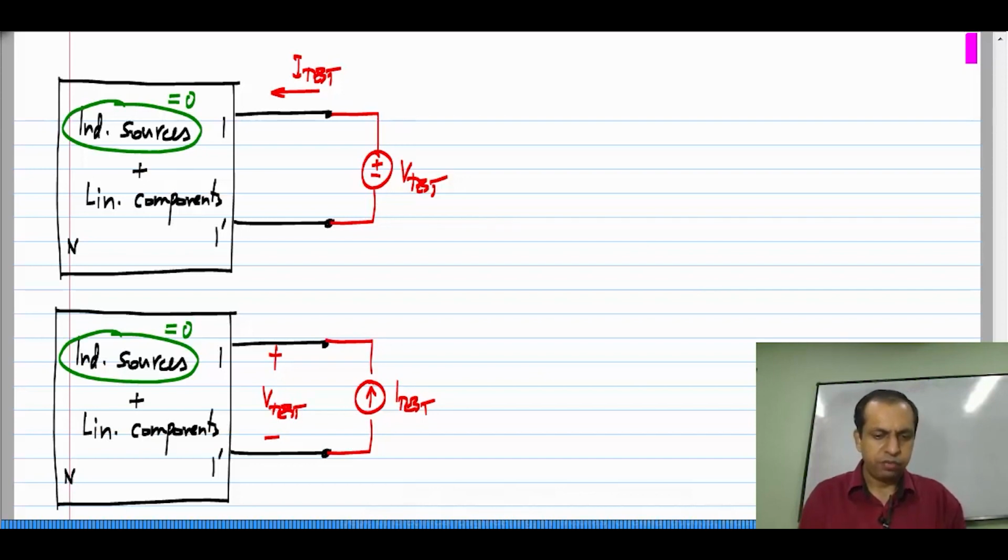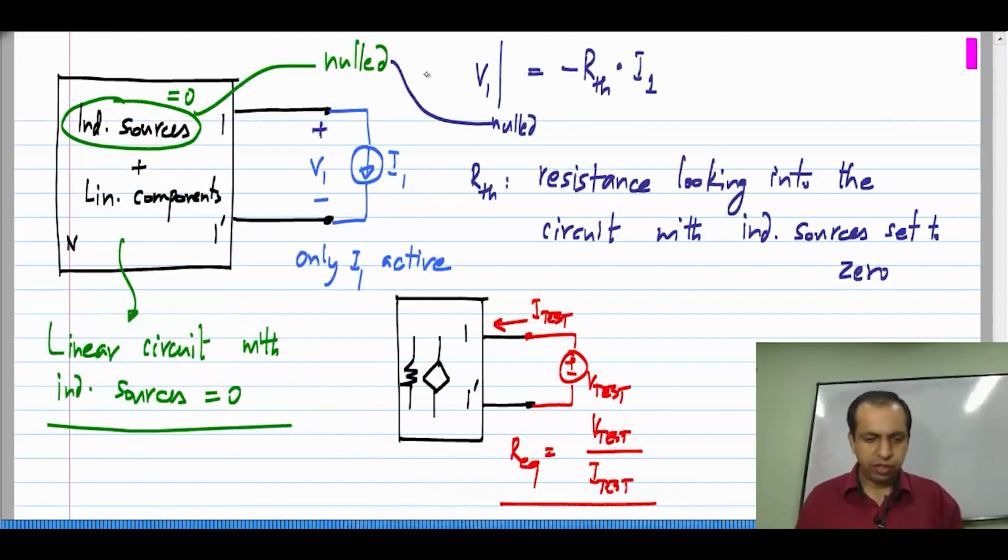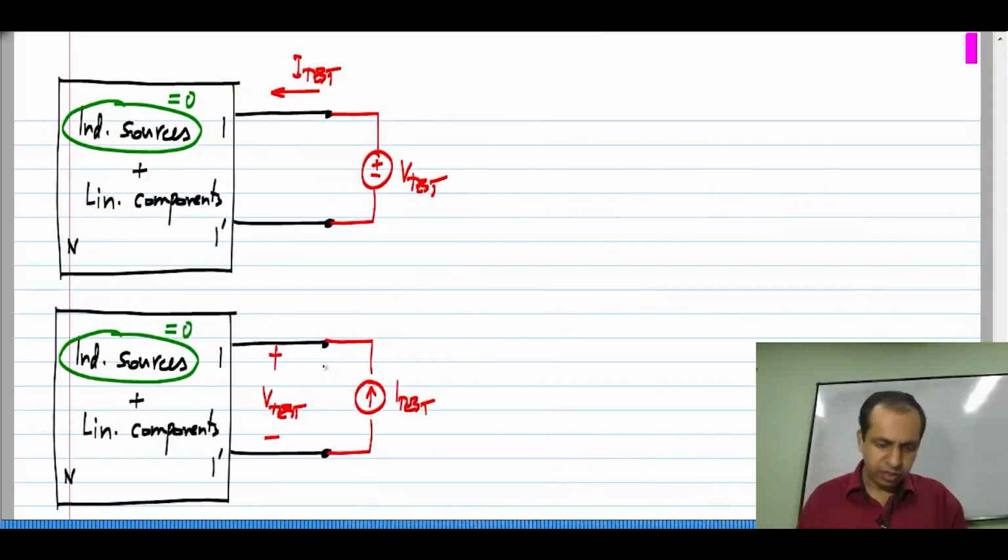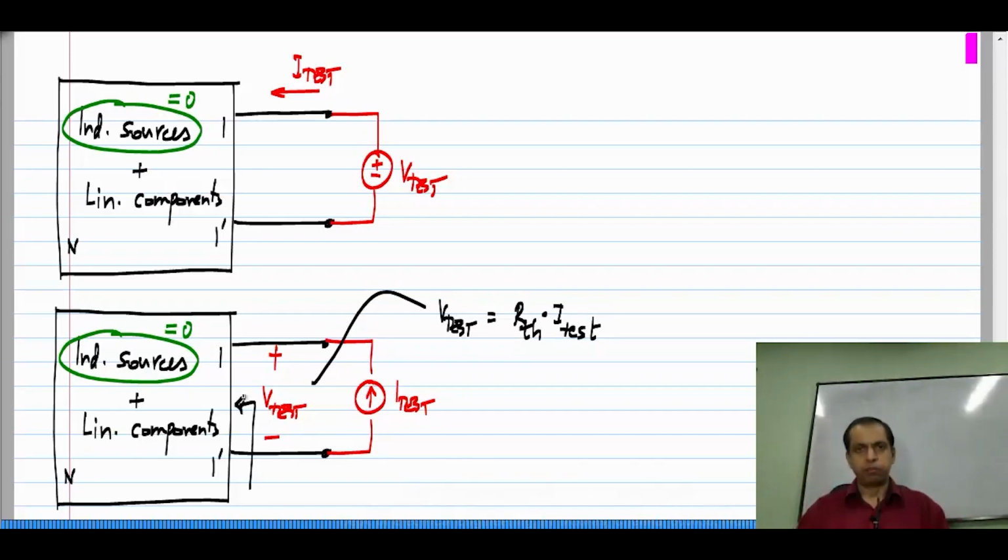If you compare this picture to what we had earlier, the voltage is in the same polarity, but the current is in the opposite polarity. So, that is why you get this minus RTH times I 1, right, because in this case you know that V test is RTH times I test, where RTH is the equivalent resistance of the circuit looking back that way.